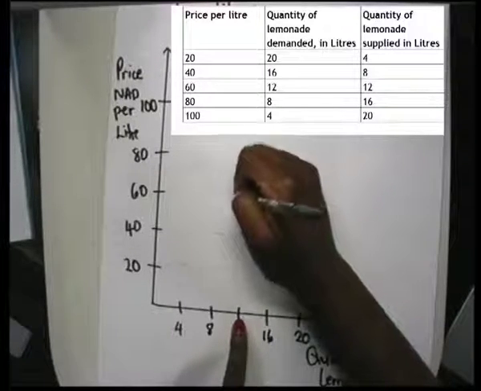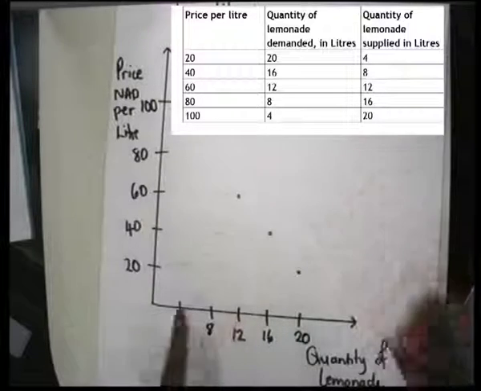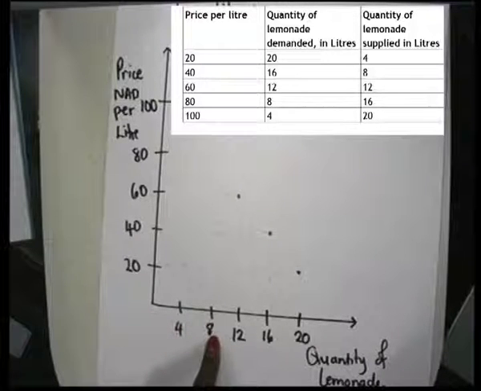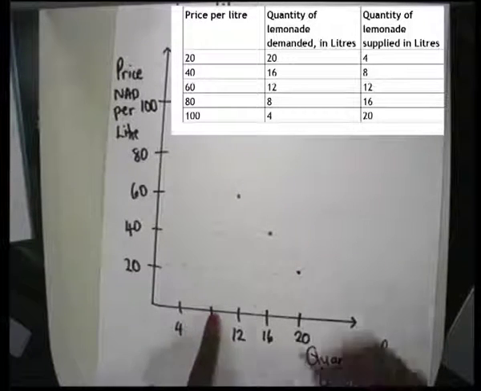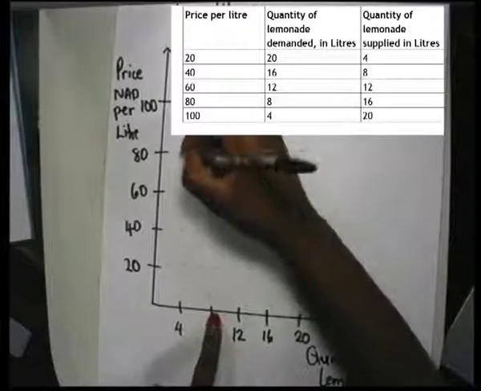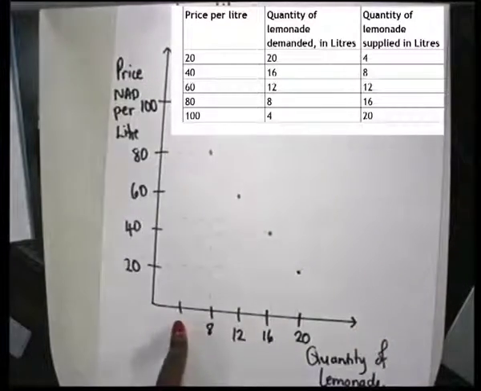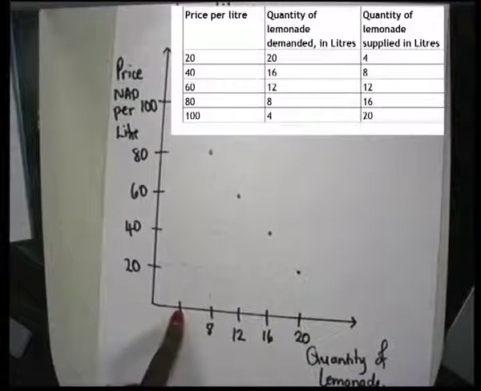All this information is given to you in the question. And then when the quantity is 8, then the price is 80. And then when the quantity of lemonade is 4, then the price is 100.